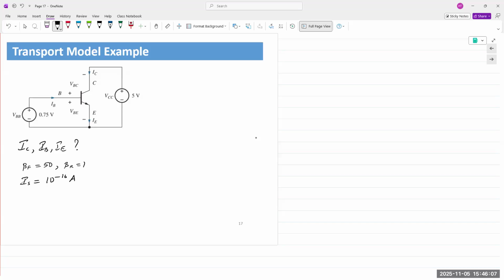And then, of course, the thermal voltage is not given, but you can assume, for simplicity's sake, 25 millivolts instead of 25.8, right?